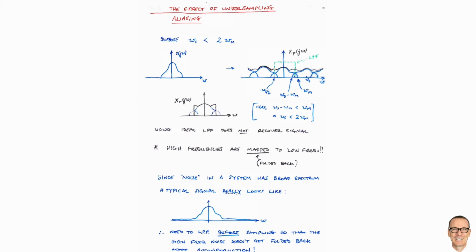As shown in the black picture there, you're going to get the original part of the signal between the omega s's, but you're also going to get the higher frequency components of the next copy mapped back in, we sometimes say folded back in, to the frequencies within minus omega s to omega s. And so this is going to disrupt your signal.